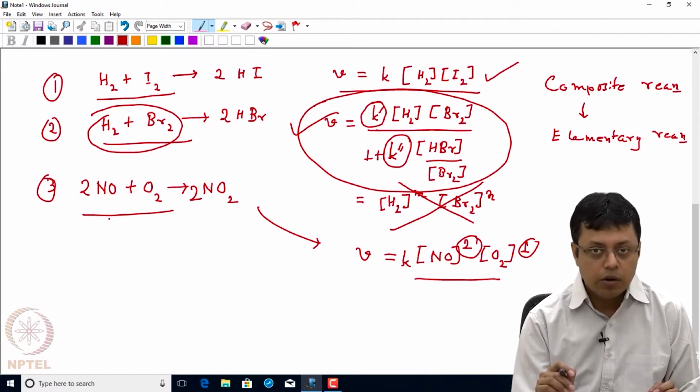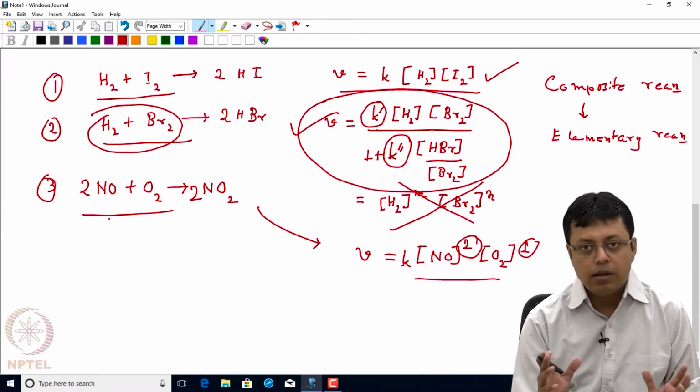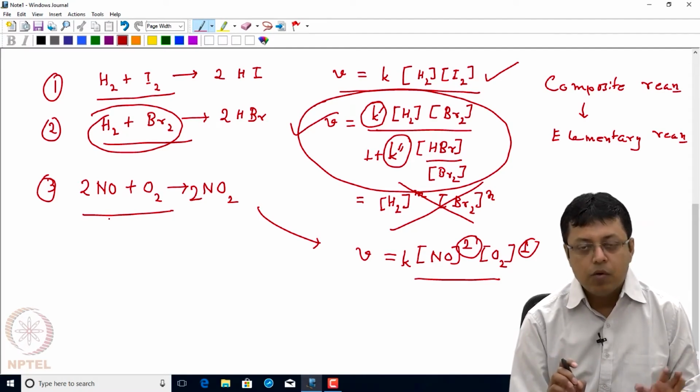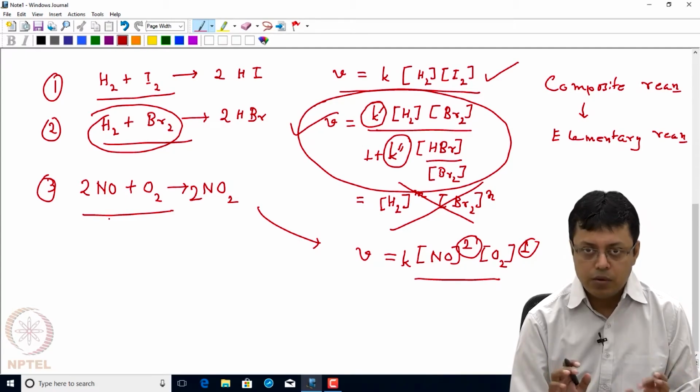Probability of three body collision is very rare, because you can always argue that the probability of three bodies simultaneously colliding with each other will be much lower than the probability of two bodies colliding together.